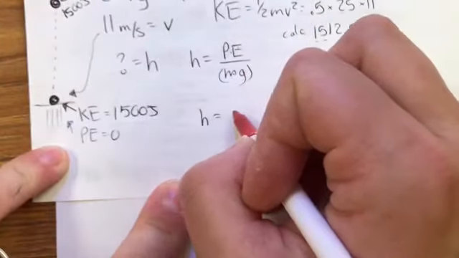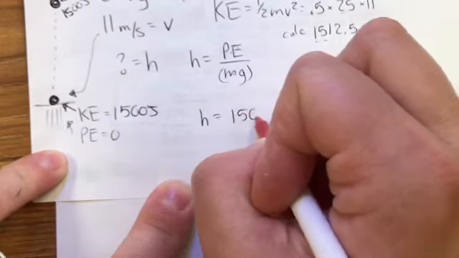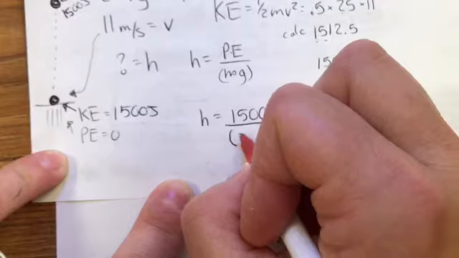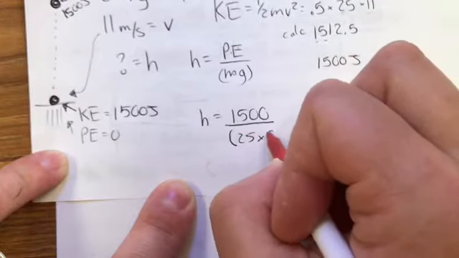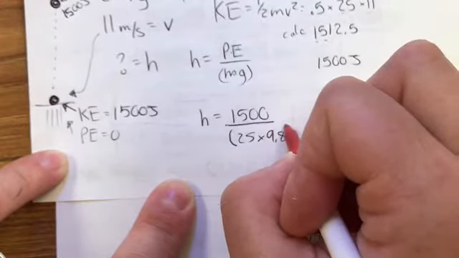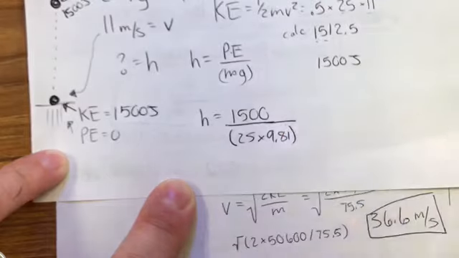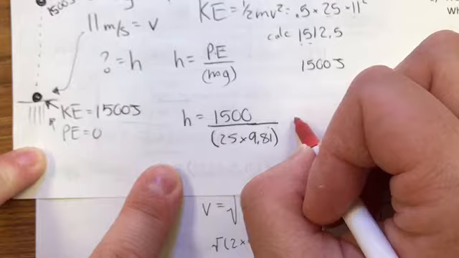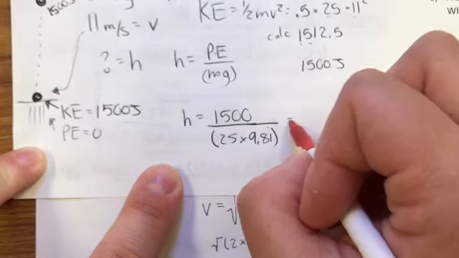So, potential 1,500 divided by parentheses, your mass .25 times gravity of 9.81. When you put this in the calculator, don't forget the parentheses.